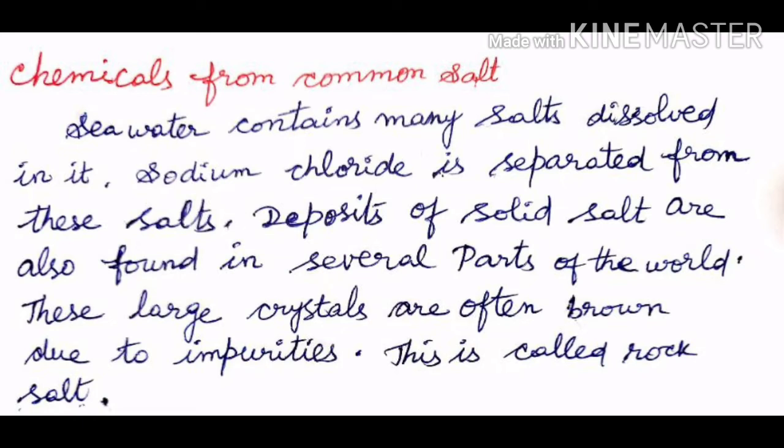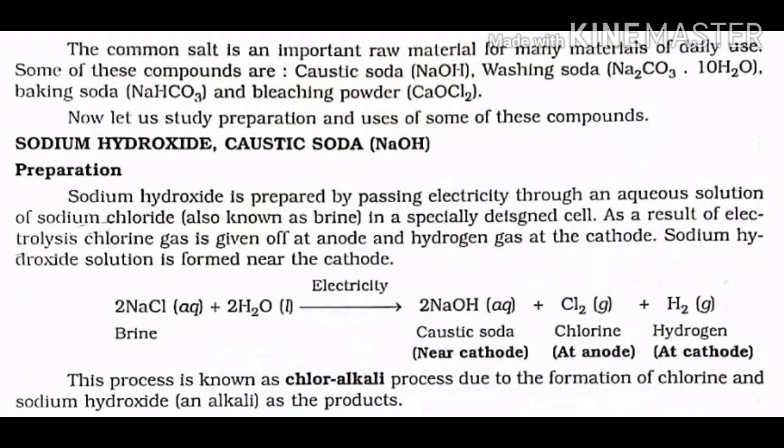Seawater contains many salts dissolved in it. Sodium chloride is separated from these salts. Deposits of solid salt are also found in several parts of the world. These large crystals are often brown due to impurities. This is called rock salt. Chemicals from common salt.